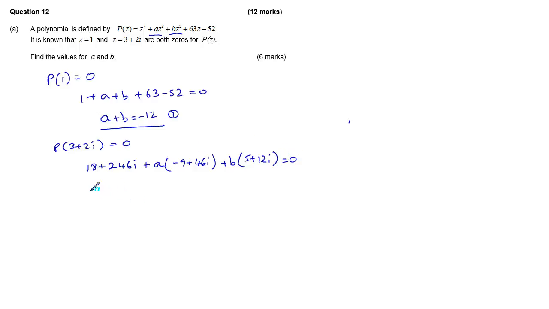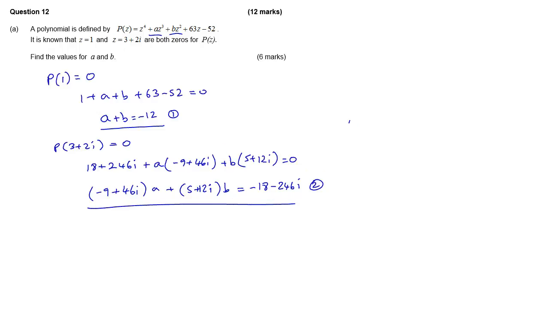So we get negative 9 add 46i a, add 5 plus 12i b is equal to negative 18 take away 246i, and we'll call that one equation 2.